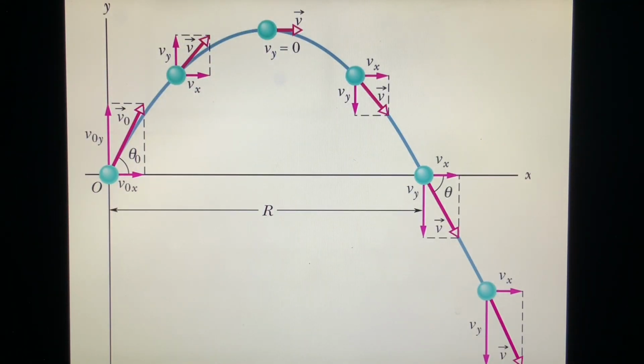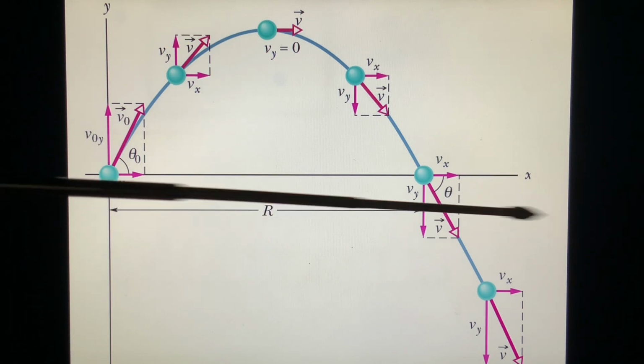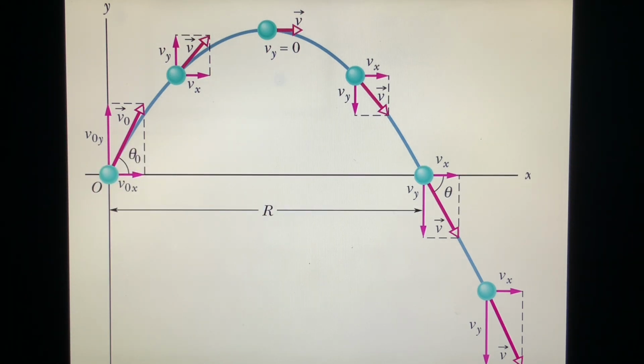We look at this projectile motion. The acceleration g is always directed downward, and horizontally you don't have any force. So the horizontal component of velocity is always constant.